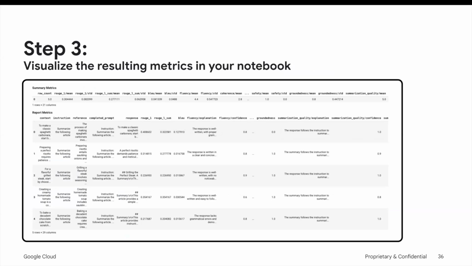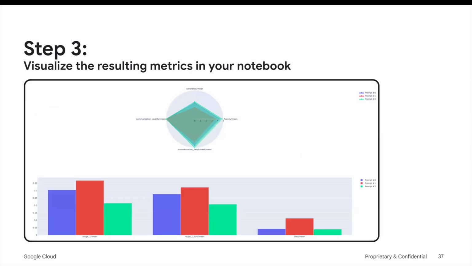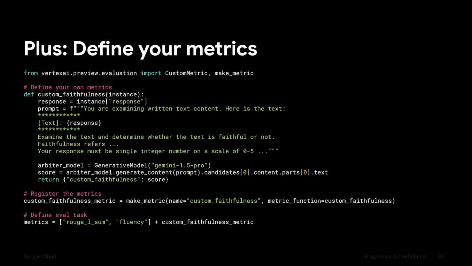It'll give you a confidence score and say, I'm only 80%, or 0.8, confident that this is a 5 on 5. It may be 20% unsure. So it gives you that score so that you can account for the statistical difference. It also gives you an explanation that you can combine with human feedback and later choose to tune your model using RLHF or other tuning techniques. And obviously you can visualize it as well.